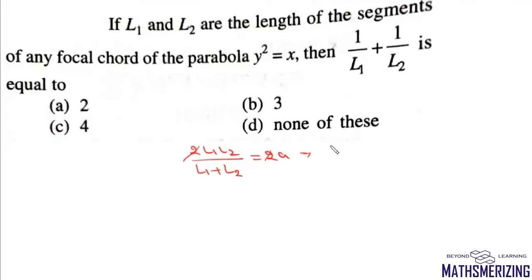So we can write L1 plus L2 upon L1 L2 is equal to 1 upon a. Now in this case, what is a? Now a for this parabola is simply 1 by 4. So 1 upon a is simply 4. So from here we'll write 1 upon L1 plus 1 upon L2, and this is simply 4. So the answer to this question is C.